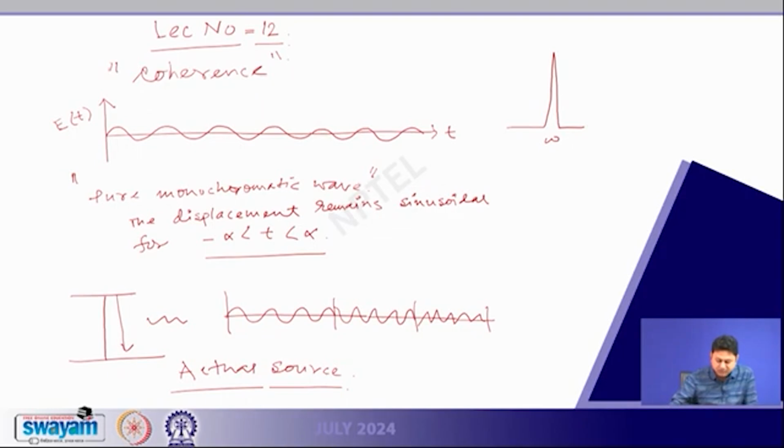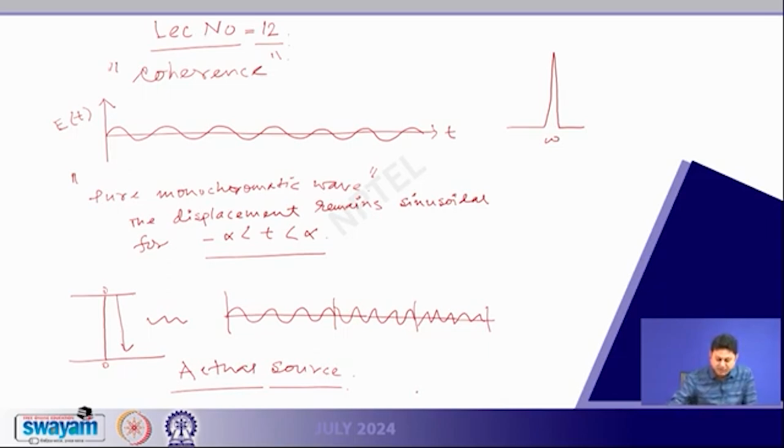However, for actual sources, the electron goes from a lower energy state to a higher energy state and then goes back, and some radiation happens. This is done in a random fashion, and as a result, for a small span of time we have the wave coming from this kind of system. For a small period of time we have a definite phase relationship of this radiation.